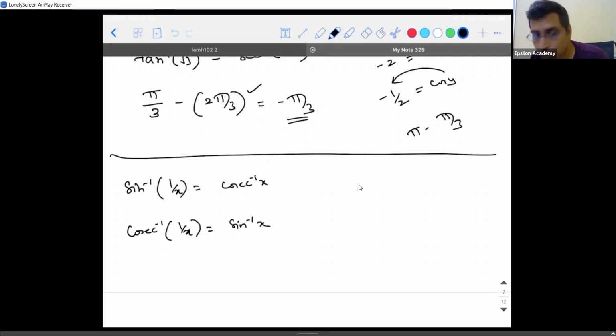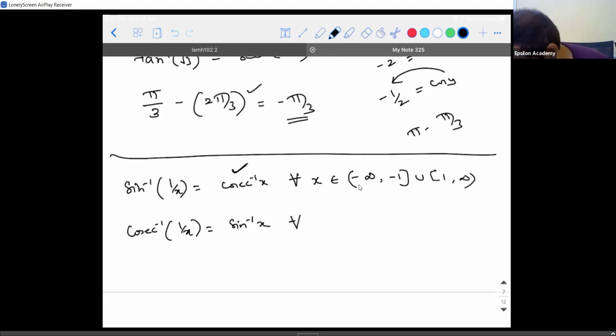This is easily understandable. But here what we need to know is, for all values of x that belongs to the domain of cosecant inverse, that is minus infinity to -1 union 1 to infinity. Here, for all values of x that belongs to -1 to 1.